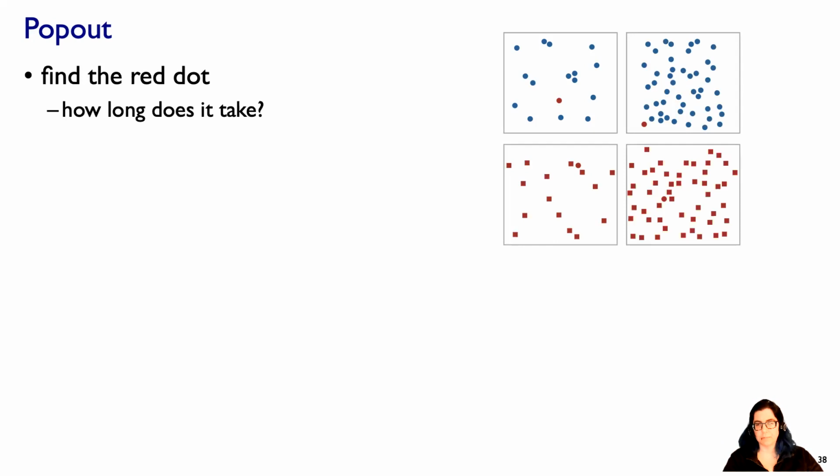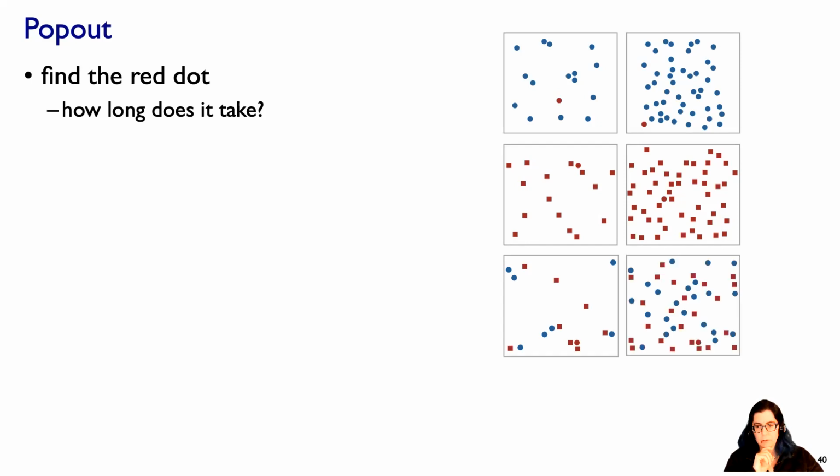Got it? Okay. So of course, what you're noticing is I've got a small number of distractor elements versus a large number. Let's do another final round of this. 3, 2, 1. Got it. Okay. Now, very last one. Are you ready? 3, 2, 1. Got it.